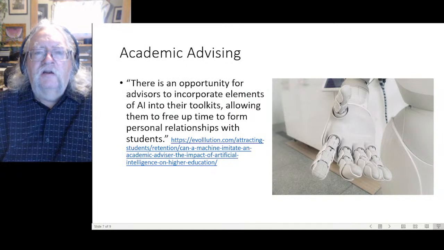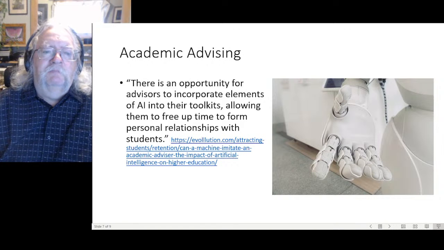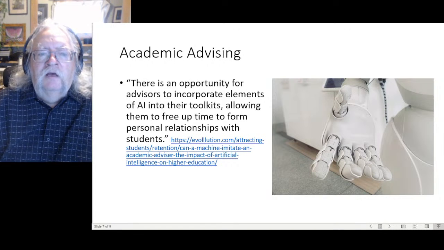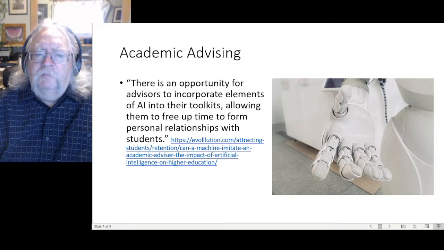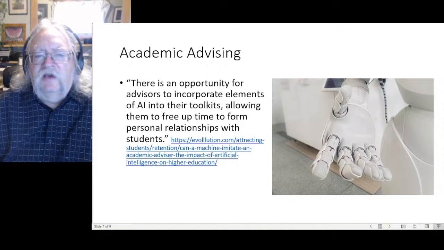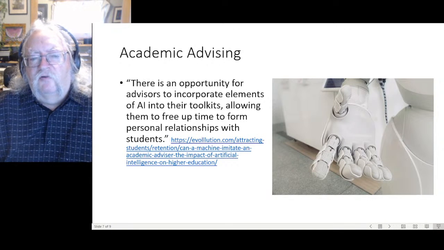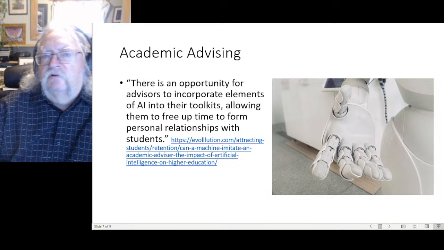This in turn helps institutions with another application, academic advising. There's an opportunity for advisors to incorporate elements of AI into their toolkits, we read, allowing them to free up time to form personal relationships with their students.